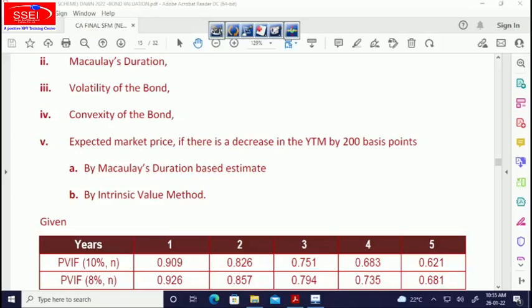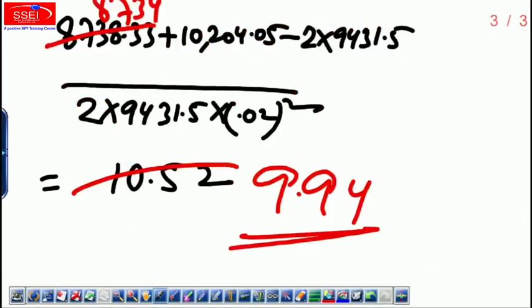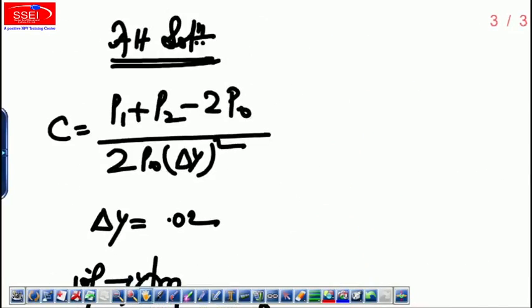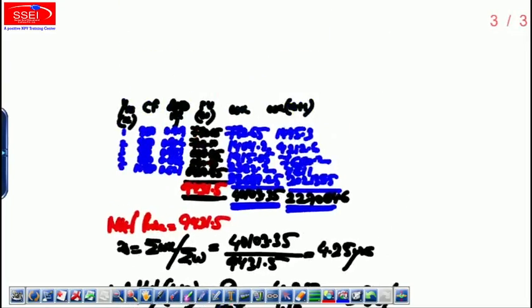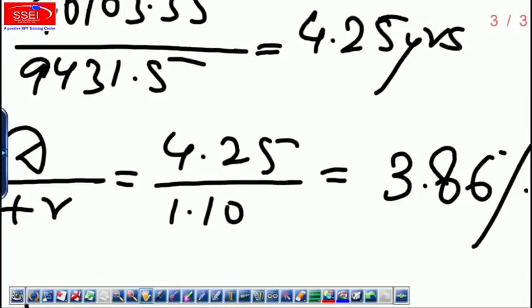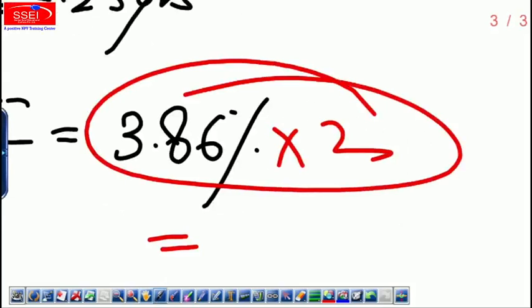As far as duration is concerned, what was the duration? The modified duration that I got over here was 3.86. So price will go up by 3.86 into 2, 7.72%.